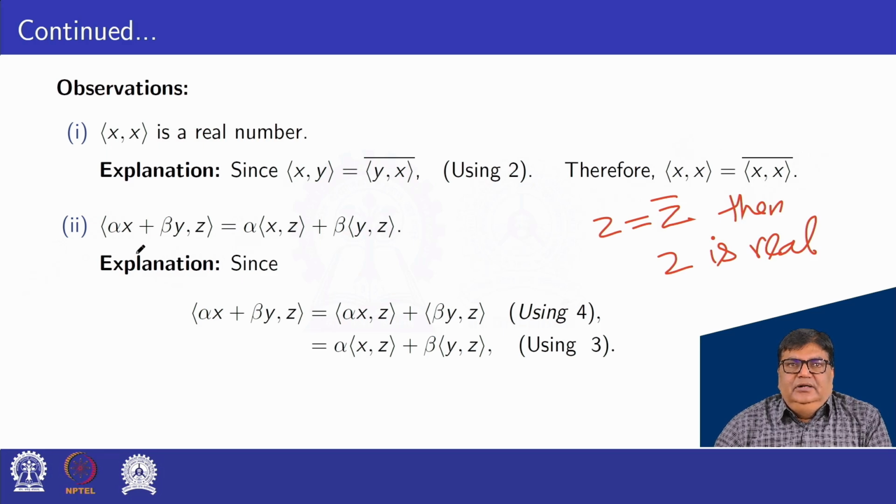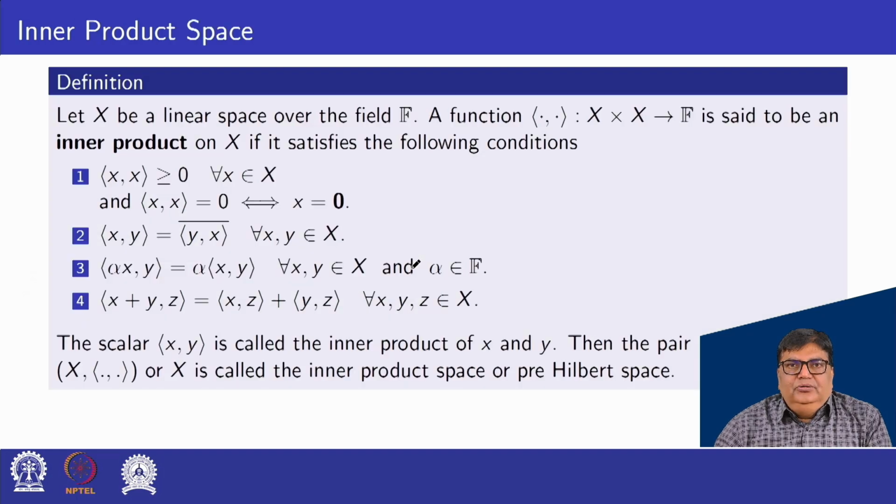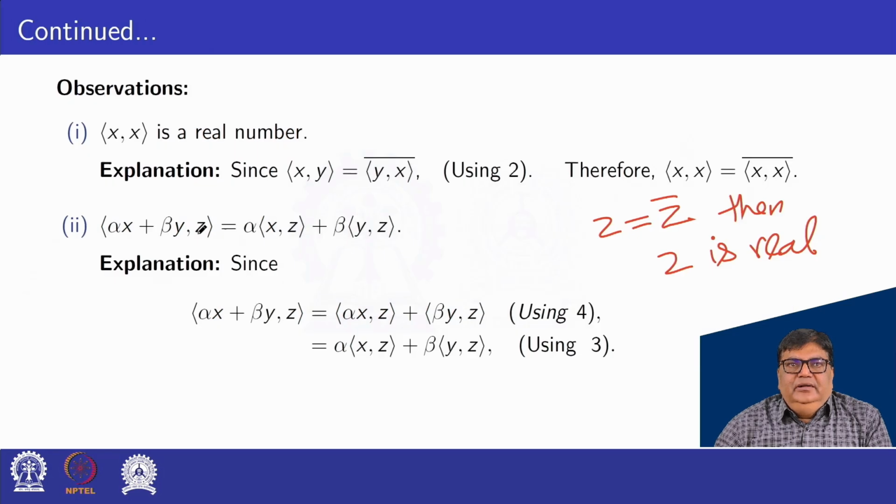Second, if alpha, beta are scalars and x, y, z belong to X, then inner product of (alpha x plus beta y, z) equals alpha inner product of (x, z) plus beta inner product of (y, z). Explanation.